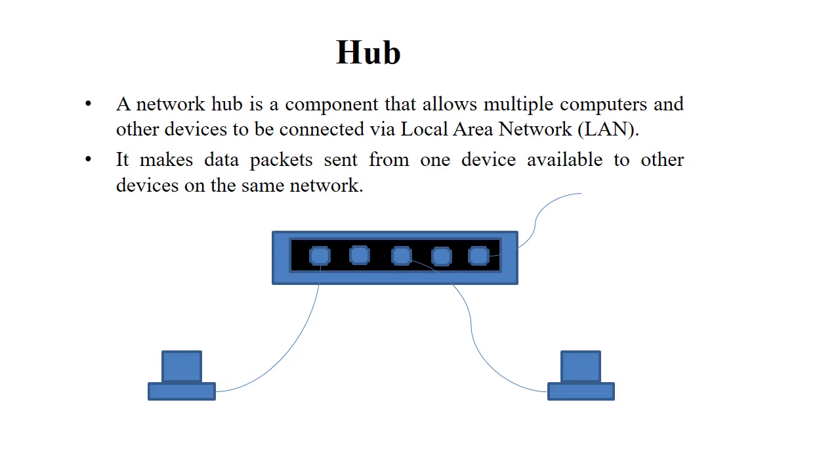A hub is a common connection point, also known as a network hub, which is used for connection of devices in a network. It works as a central connection for all the devices connected through it, and a hub has a number of ports.